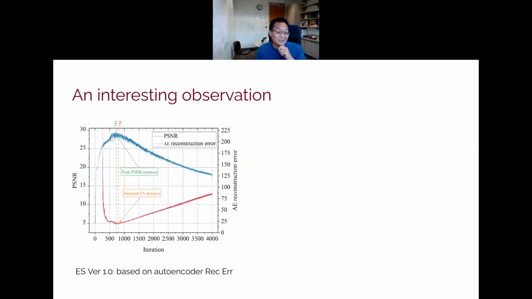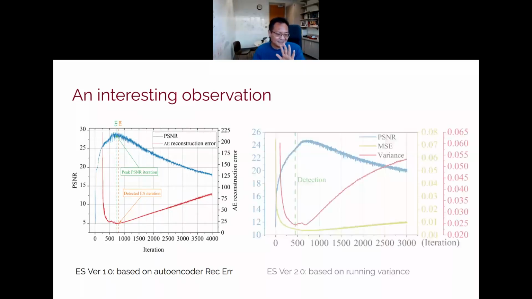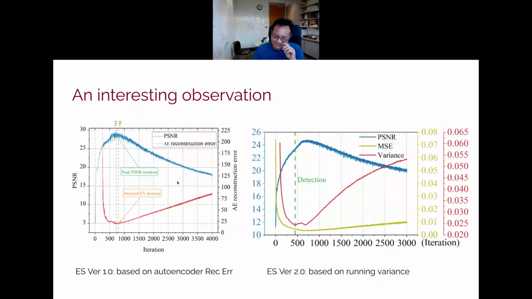We actually propose a very simple approach. You can ignore this one because this is the first paper, but I wouldn't recommend the method there because this one is very involved. I would actually recommend this one because this one is very simple, surprisingly simple. How surprisingly simple? Well, basically what we do here is that we keep track of the running variance of the intermediate reconstruction.